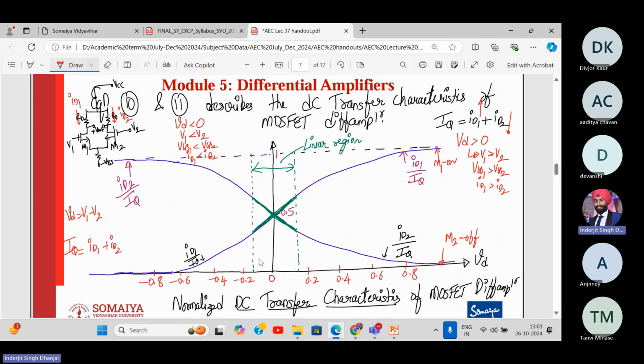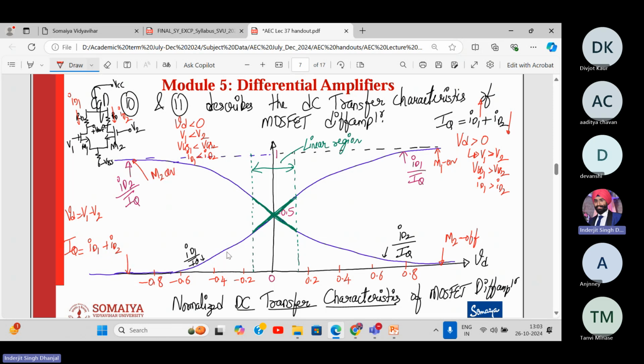So as soon as the differential voltage is negative, what happens? Transistor M2 conducts more compared to transistor M1. And when the difference increases, when V2 is much greater than V1, VGS2 is much greater than VGS1, so ID2 dominates. And at one point of time, M2 is fully on.